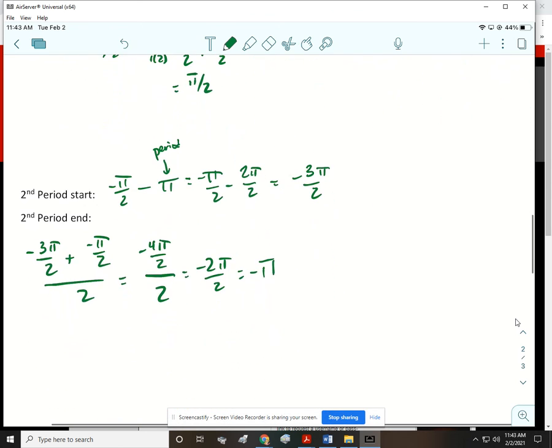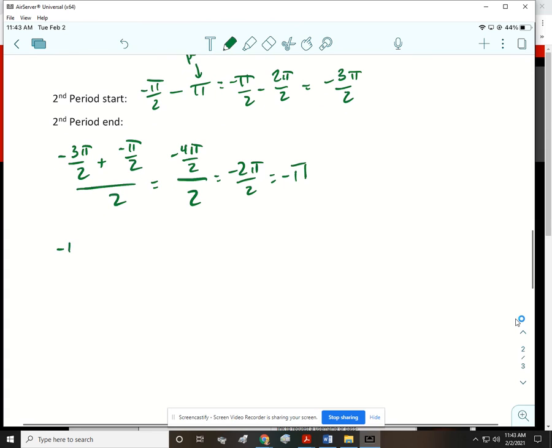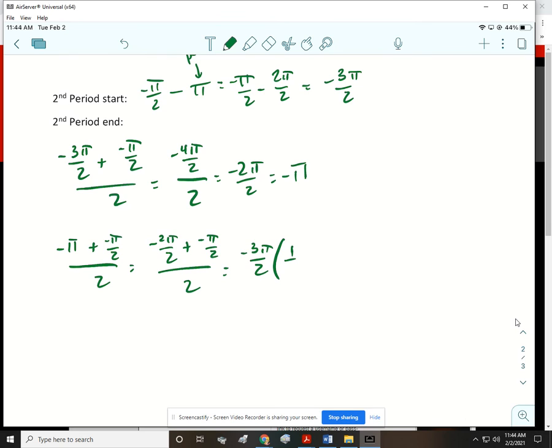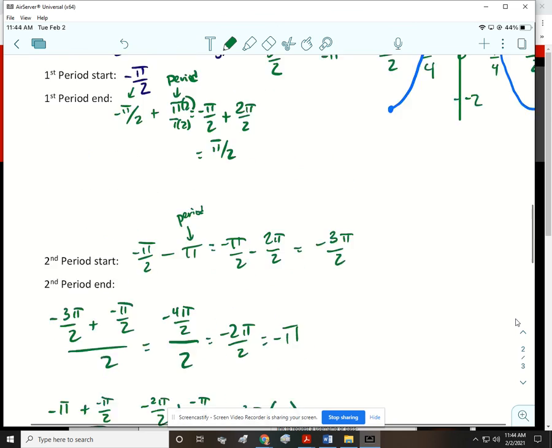And I'll do similar things to find halfways. And this one I do need to find a common denominator. So it's negative 3 pi over 2 divided by 2 or multiplied by 1/2. Negative 3 pi over 4.